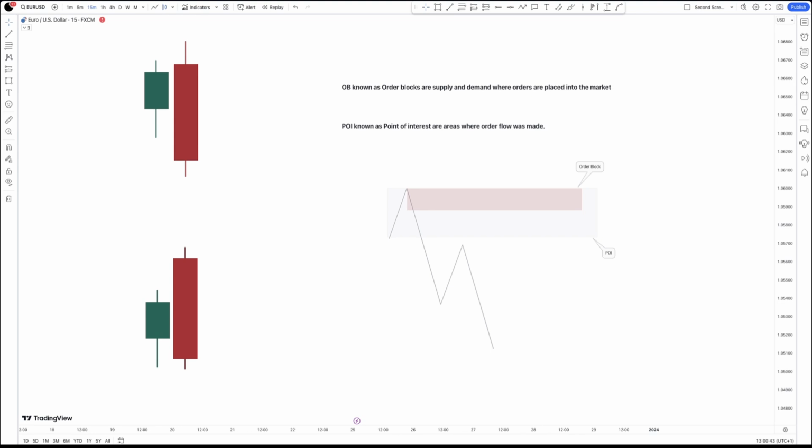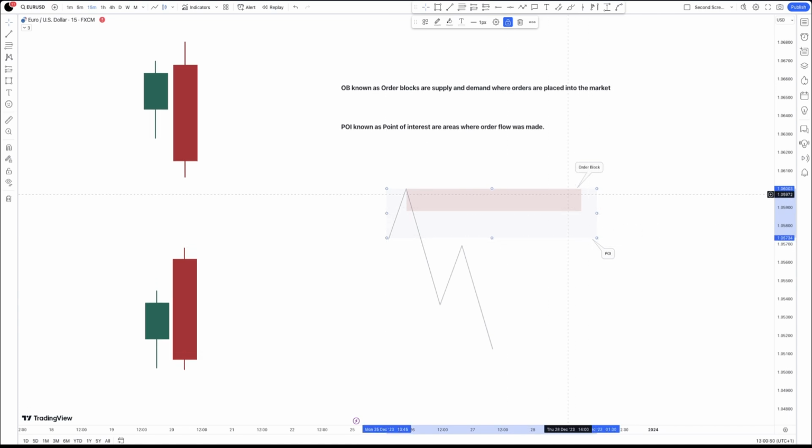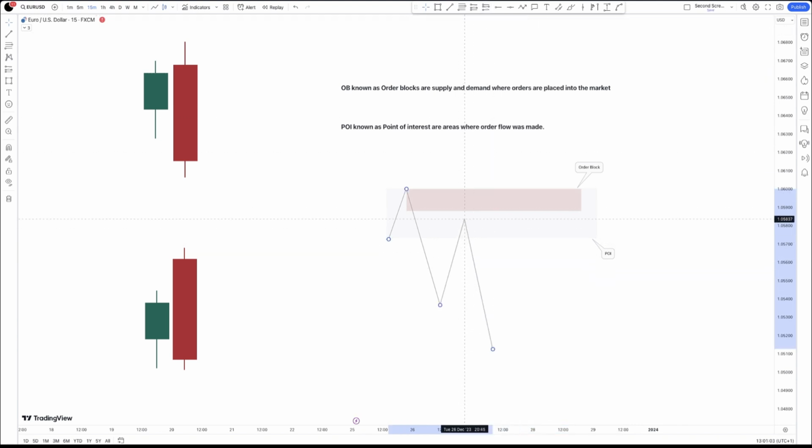An example of that, in this diagram you can see here, we have this as our POI. This whole level is a POI. Then this is a supply. This is our order block. This is our POI.